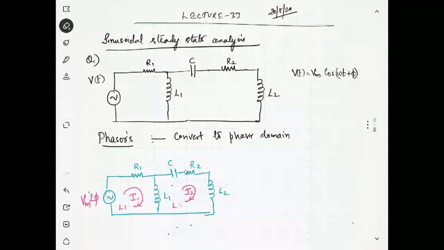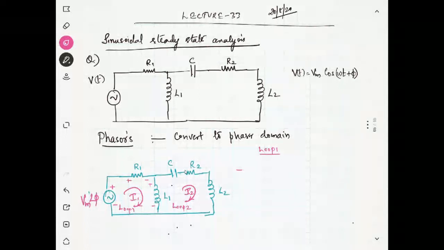Otherwise it will be confusing. For loop 1, what will be the equation? Just assume the current moves like this, with plus and minus polarities.